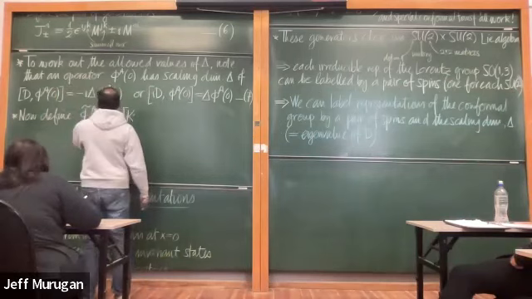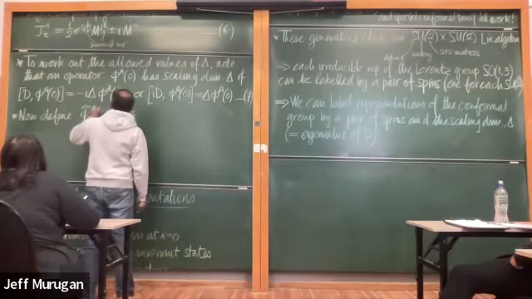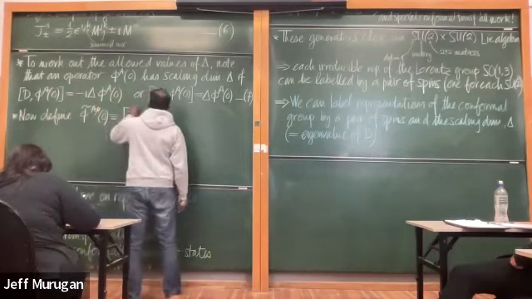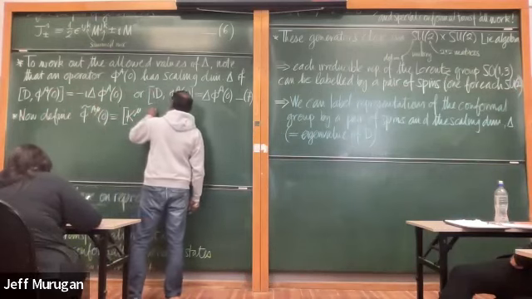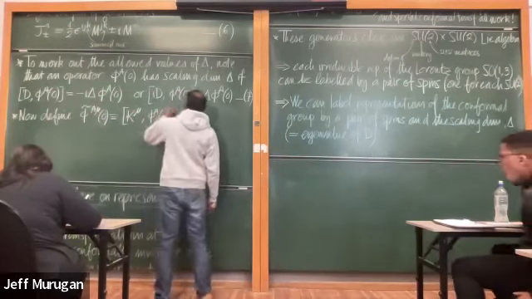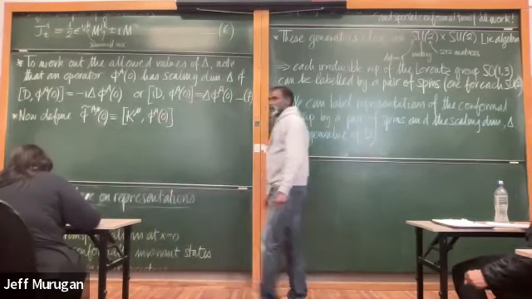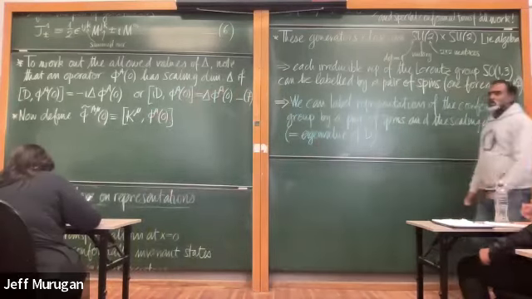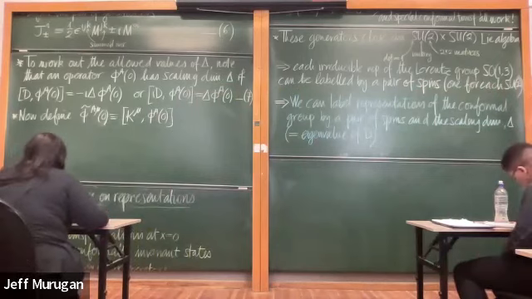So K mu acting on phi A. And let's ask, what is the scaling dimension of this?